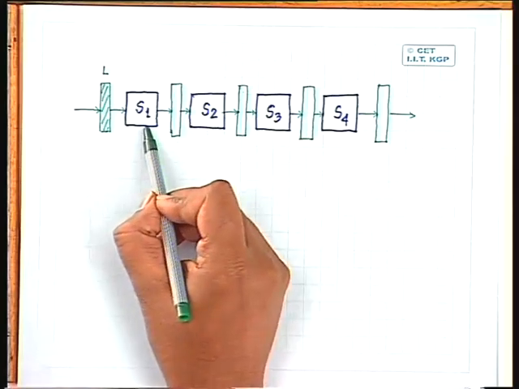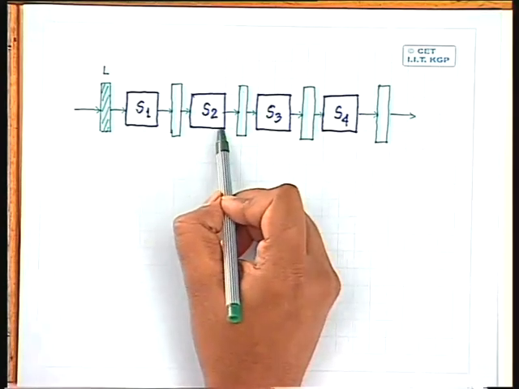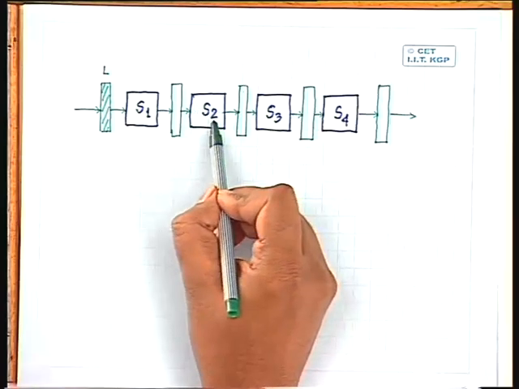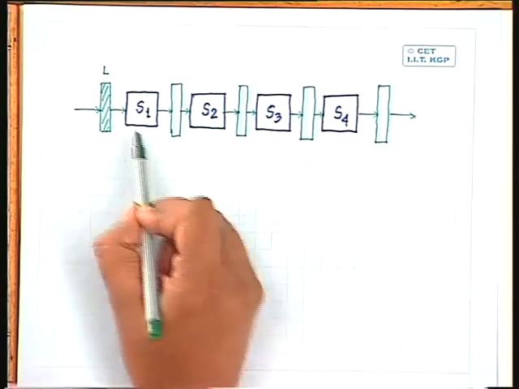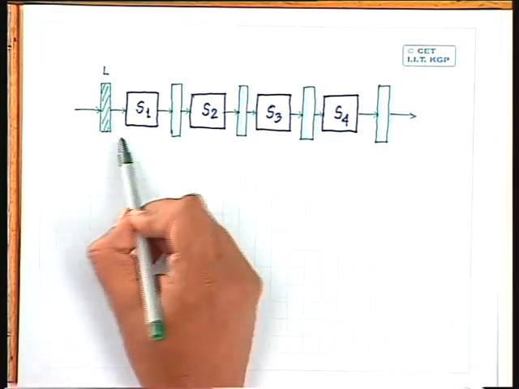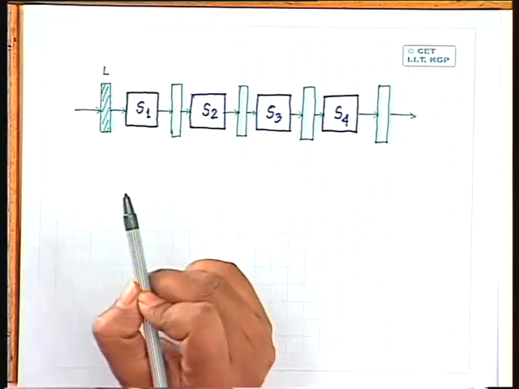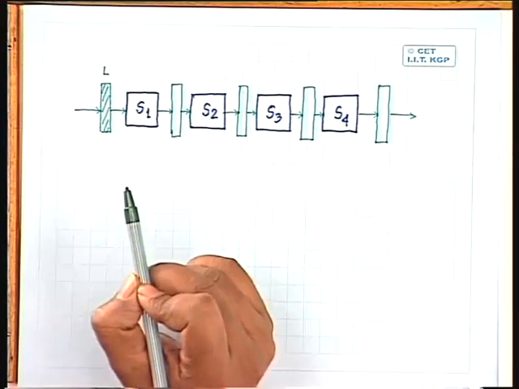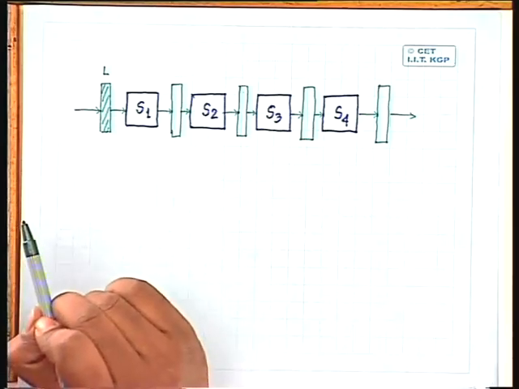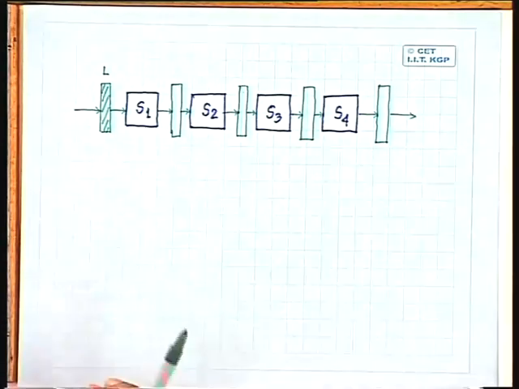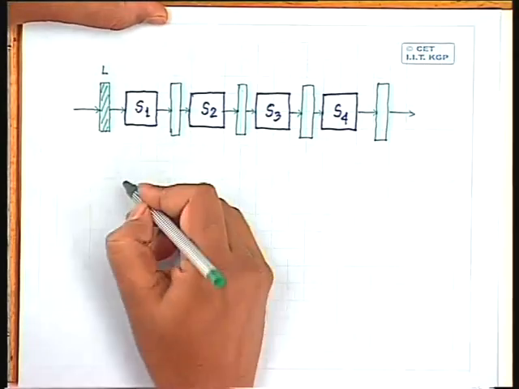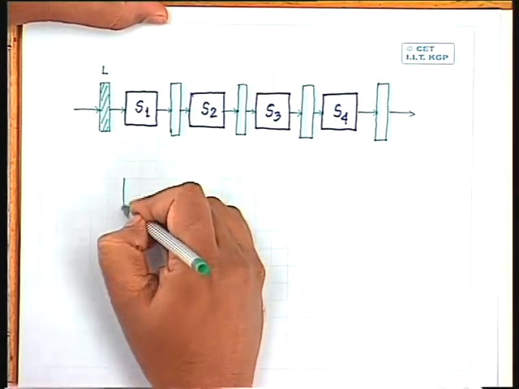So after completion of subtask T1, for the same task, subtask T2 is executed by S2. Whereas this first block can be utilized for execution of T1 of the next task. Okay. So if we put this in the form of what is called a space-time diagram, the situation will be something like this.